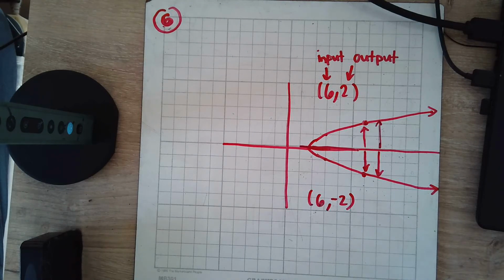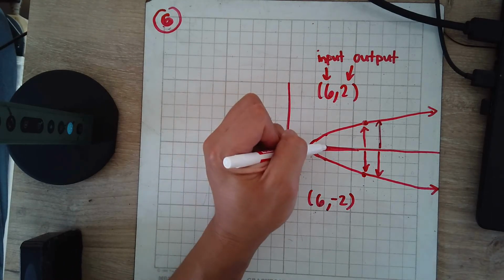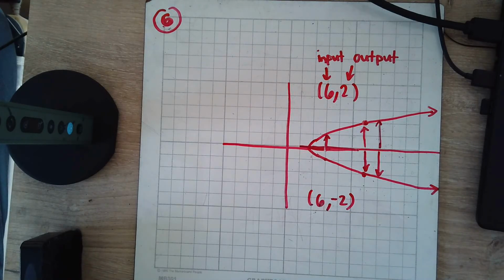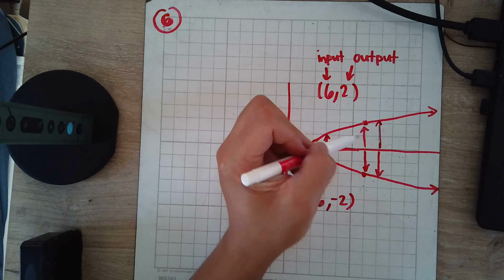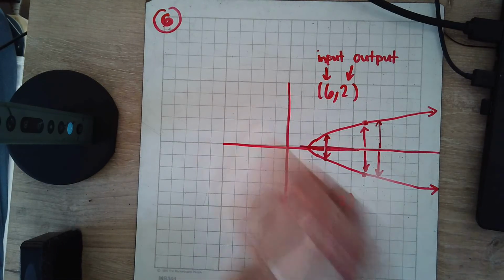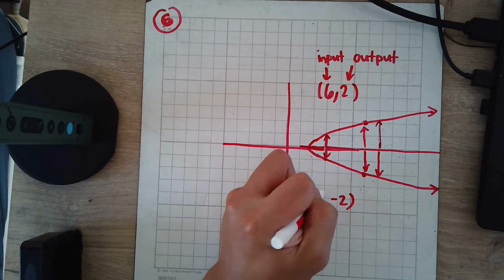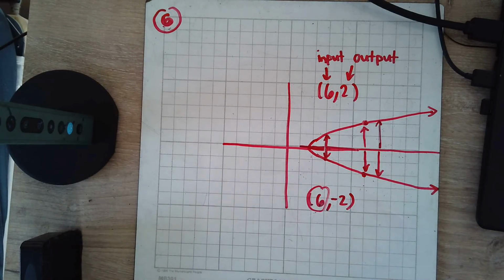And then maybe right here, 3 would work as well, because 3 would give me an output of 1, and it would also give me an output of negative 1. So either of those points would work. But if you enter 6 into Formative, that'll give you a correct answer.